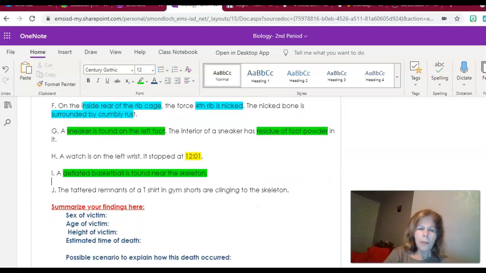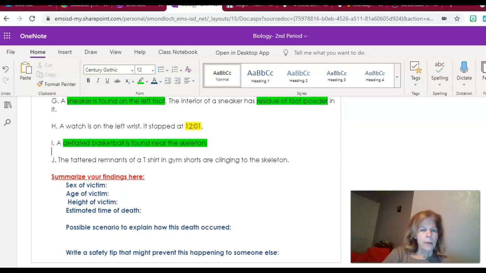I would think probably lean more to middle school, high school, because you don't usually see foot powder in elementary school. Okay, so then we have the tattered remnants, and tattered leads to the fact that it's been there for a while. So the victim was wearing a t-shirt and gym shorts.